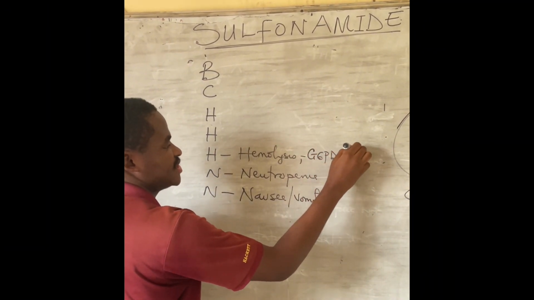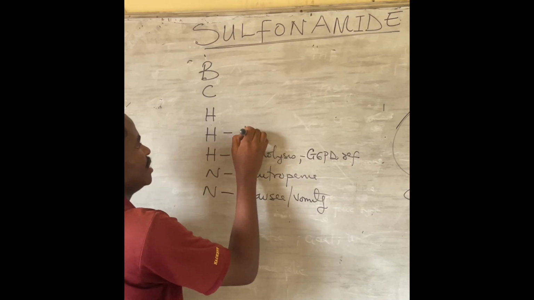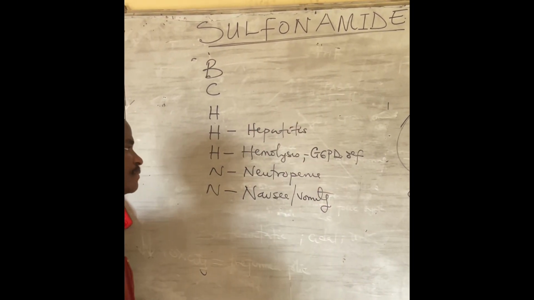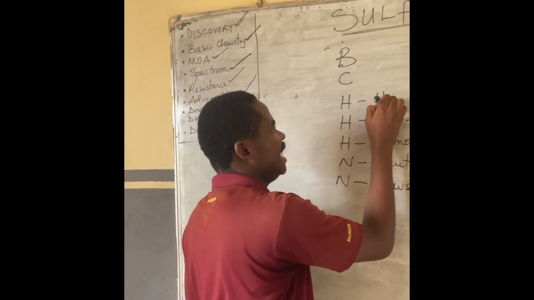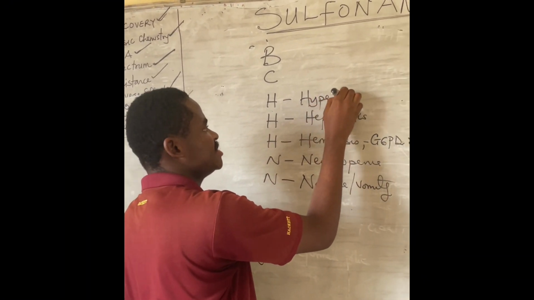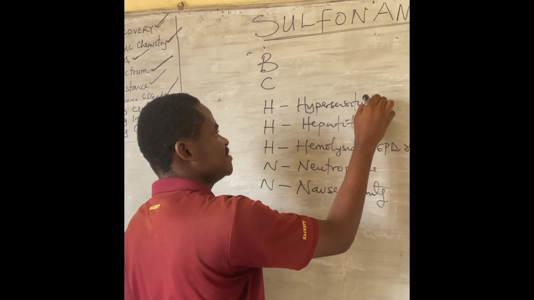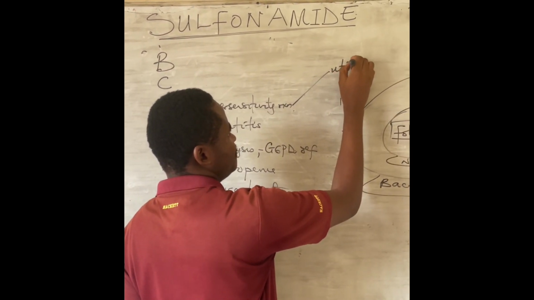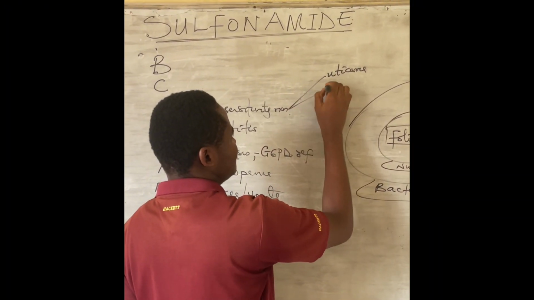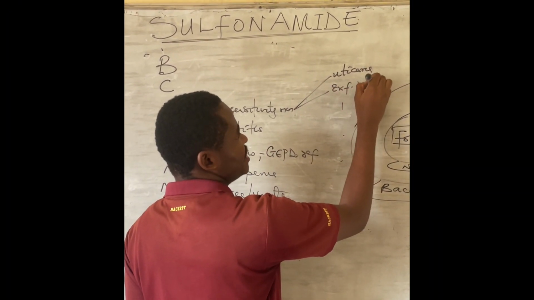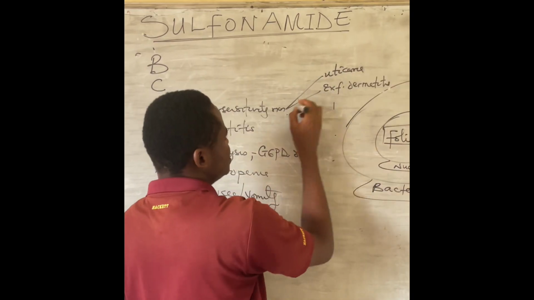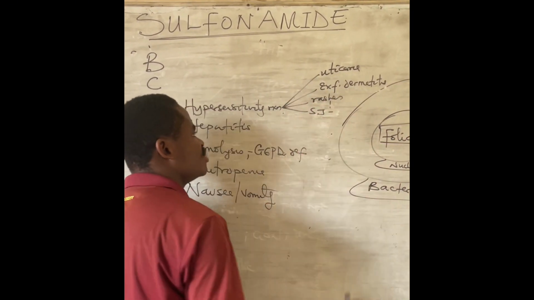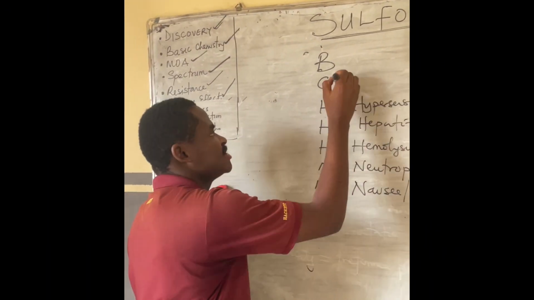G6PD deficiency. Hemolysis. Here, H, we can also have hepatitis that can be seen in less than 1% of the population. Okay? We see hypersensitivity reactions. For hypersensitivity reactions, what are examples of things we see here? We see things like urticaria, exfoliative dermatitis, rashes, Stevens-Johnson syndrome, etc. Now, how about C?